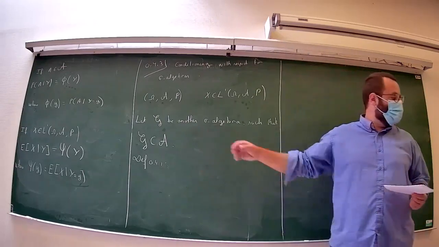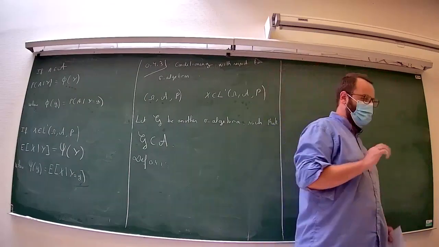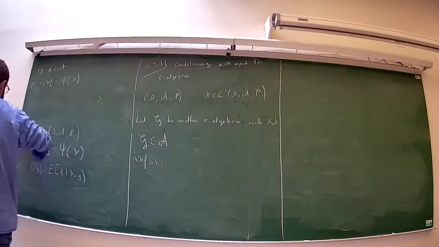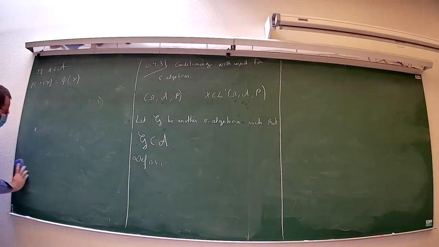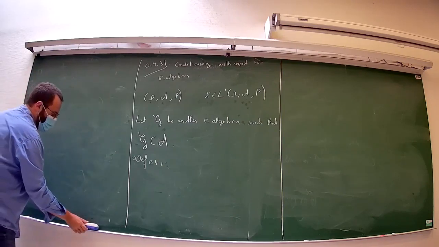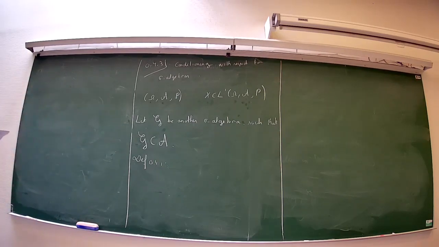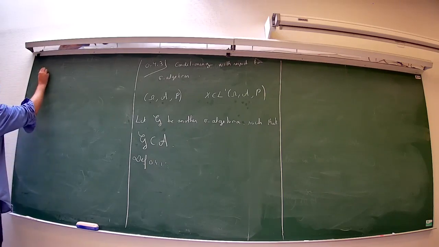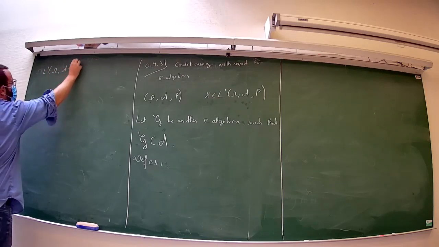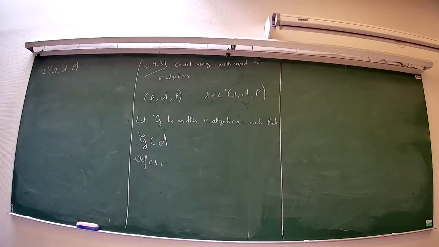So just a remark concerning these two sigma algebras. I can consider this L1 space, so the set of the random variables in L1, with respect to this triple, and this one.